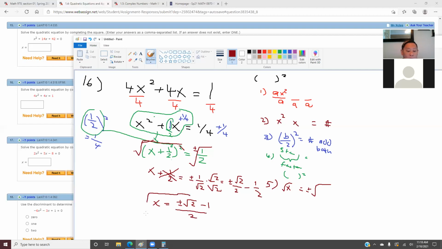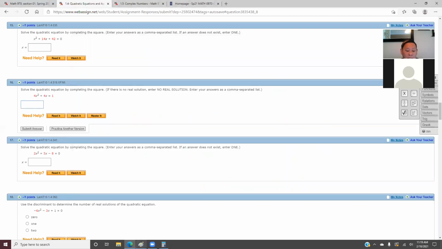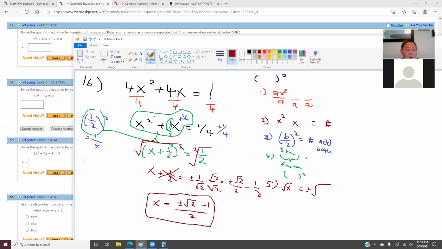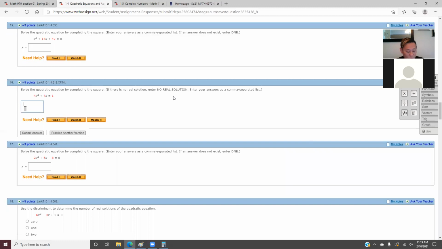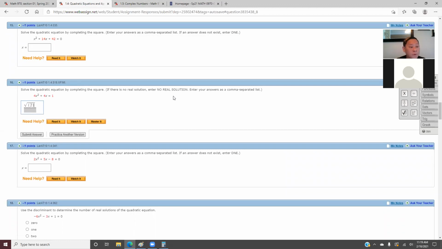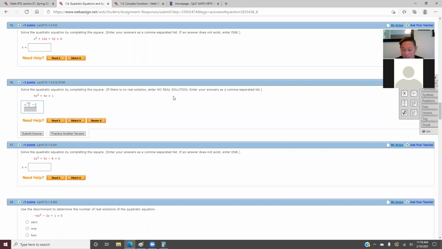Okay, so this is your answer for question number 16. But your online homework doesn't like plus minus, so you have to write this as 2 answers. So it will be √2 minus 1 over 2.